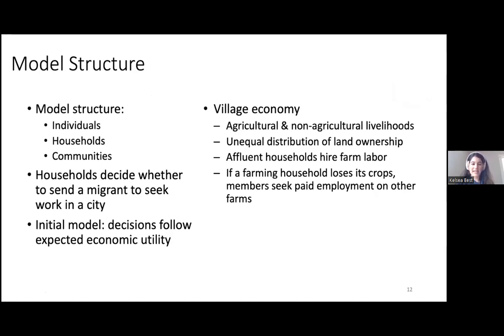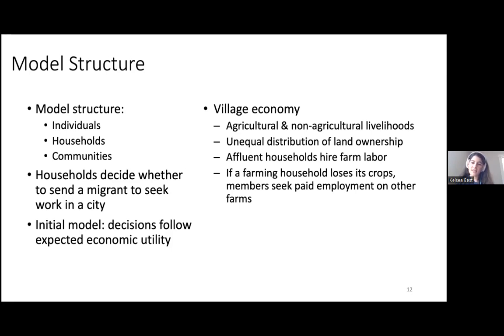My model has agents for individuals who are primarily seeking livelihood opportunities. The individuals form households, and the individuals and households exist within a stylized community. So at the community level, an environmental shock representing a drought may happen at each time step of the model.